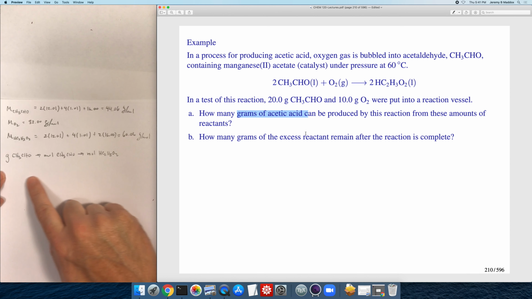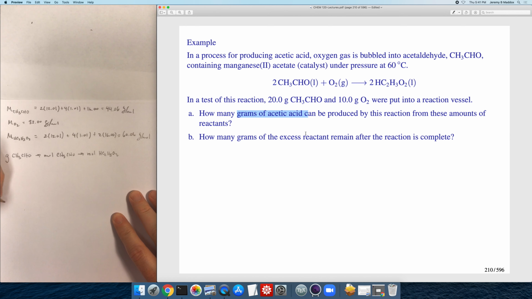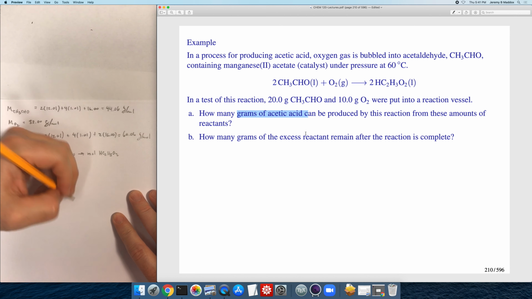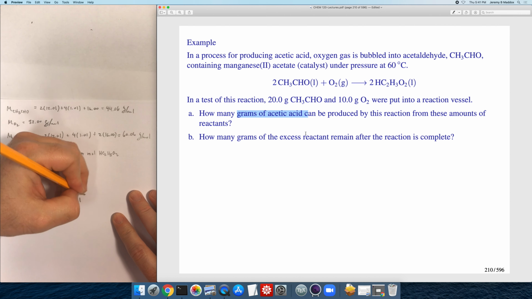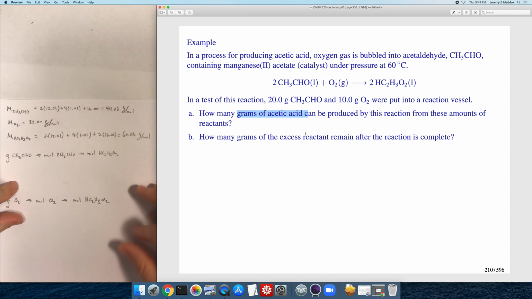We'll do the calculation right here. And then we're going to do the same thing from the oxygen. So we'll take the grams of O2, we'll go to moles of O2, and then to moles of acetic acid. And then we're going to need to compare those two numbers. Okay?